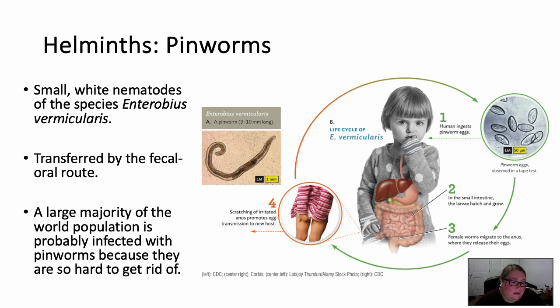If you aren't cleaning your hands, you're going to easily transmit them. The scary thing about pinworms is that a large majority of the world population is probably infected with them, because they are so hard to get rid of, and they're not something that you really see often unless you're changing a young child's diaper, because they're not immediately something that you're going to see.